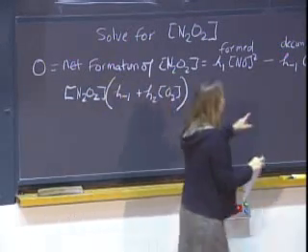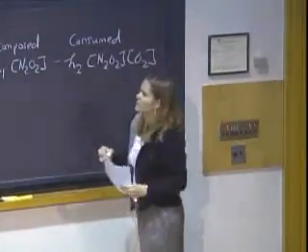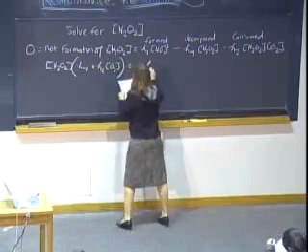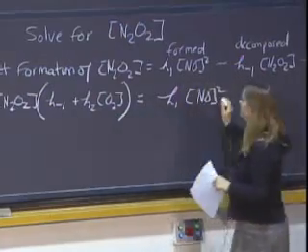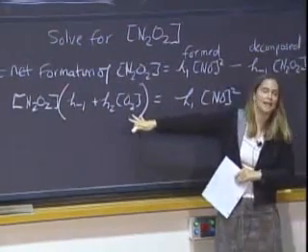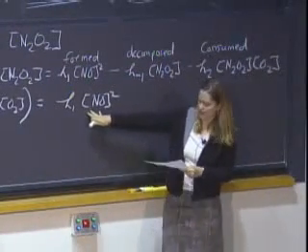So now I've just pulled this out from these two, and I've moved these to the same side of the equation. And so that's going to be equal to K1 times NO squared. So this is the rate at which you're decaying your intermediate, and this is the rate at which you're forming that intermediate.